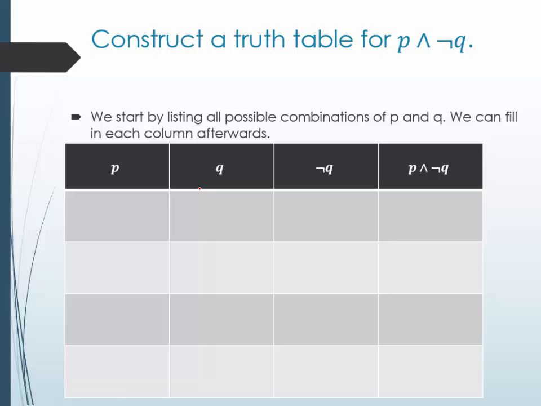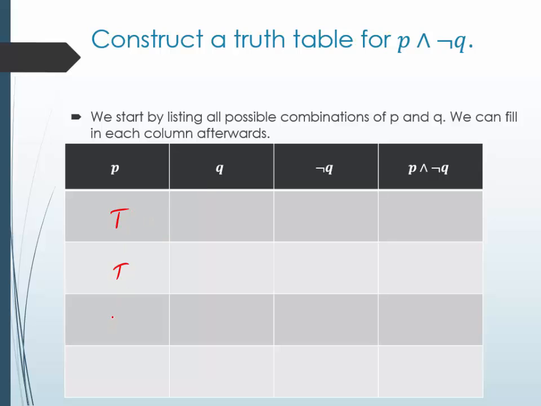Okay. So fill in the first three columns, and then we'll talk about the fourth one in a second. All right. What's interesting about this is we're going to fill in everything. It's really easy.